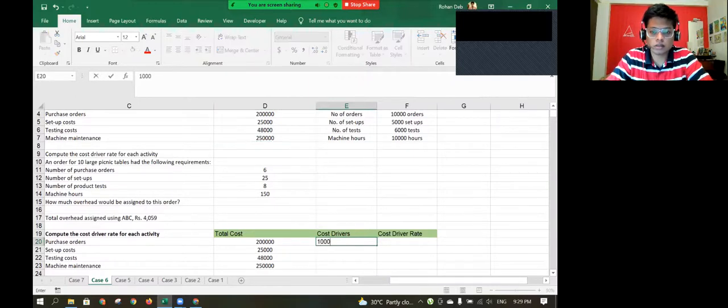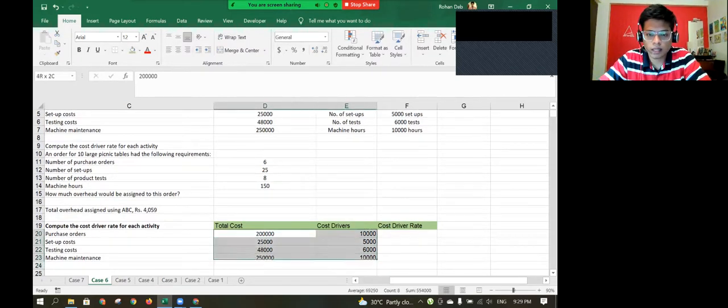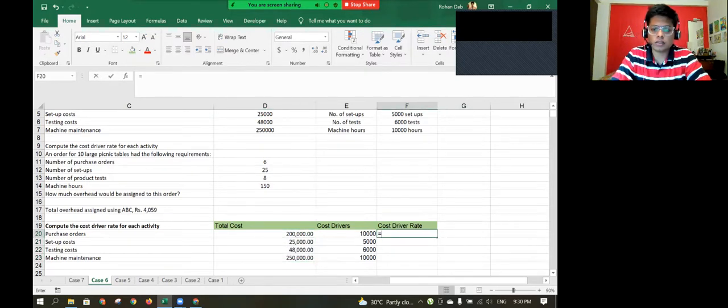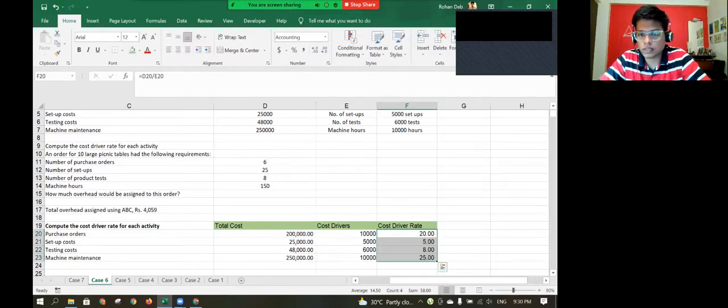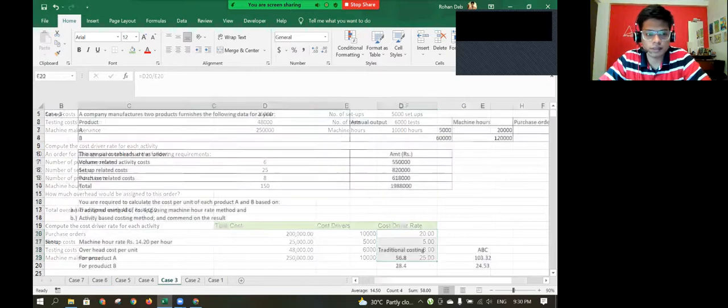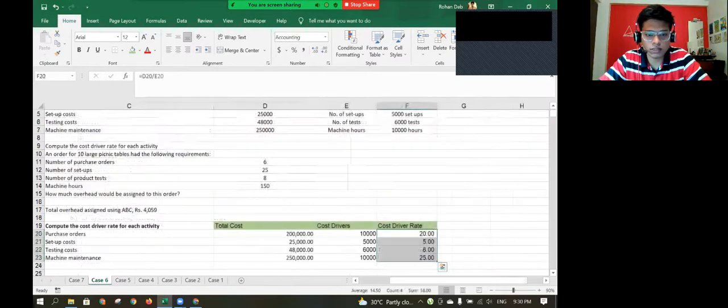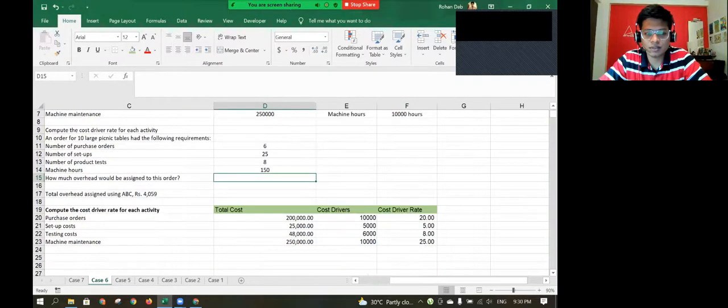I always prefer using this accounting button whenever it comes to any cost. So let's do this equal to cost driver. Total cost divided by cost driver will give you the cost driver rate. So it's 25, 8, and 25. So this is my first part done.